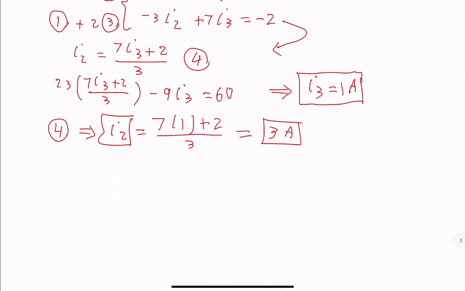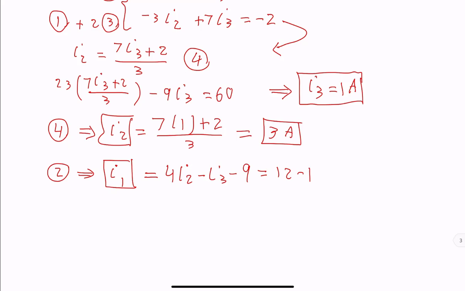So using equation 2, I1 is 4 times I2 minus I3 minus 9, and results in 2 amps. So we have the mesh currents.